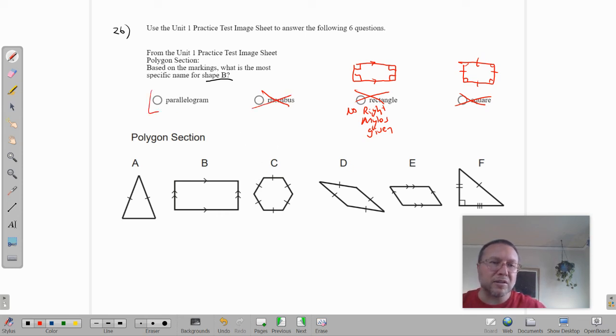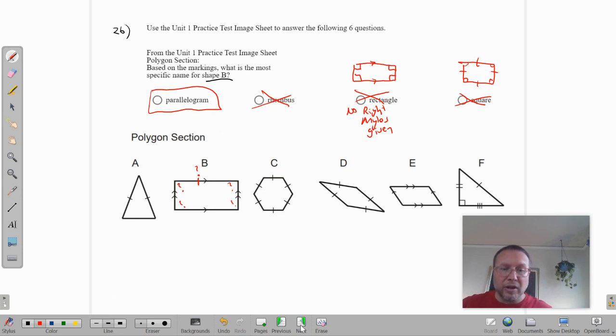So the best I could say is that it's a parallelogram, because it at least has opposite sides parallel. It doesn't tell me anything about the angles. I don't know what these angles are equal to, so I can't say that it's a rectangle or a square. And because I don't know what the side lengths are, I can't say that it's a rhombus. So the best I could say is that it's a parallelogram.